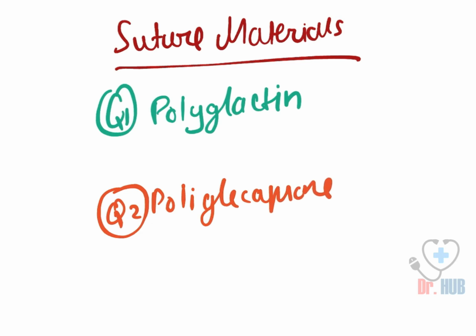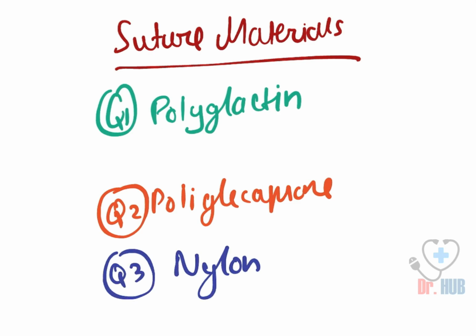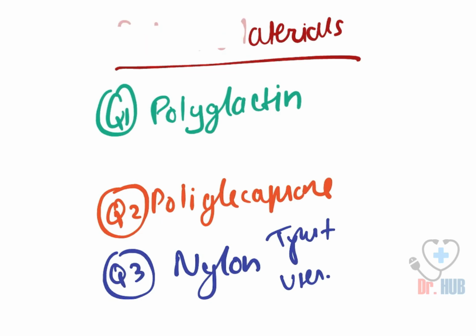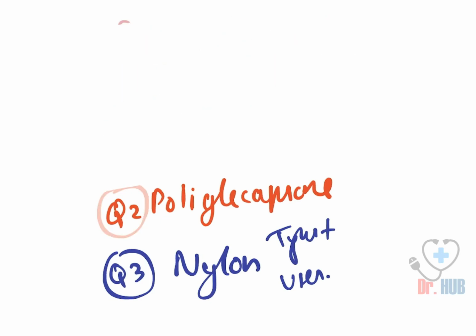Third is, what is the nylon suture material? So what we need to know is the types along with the uses. In this video, we will have the answers to all these questions, and there are some bonus questions at the end of the video.